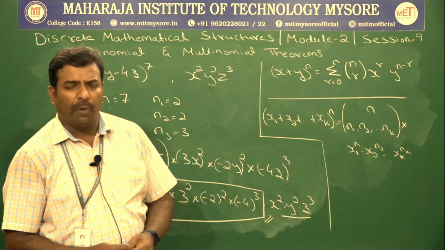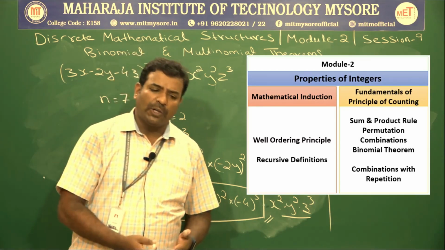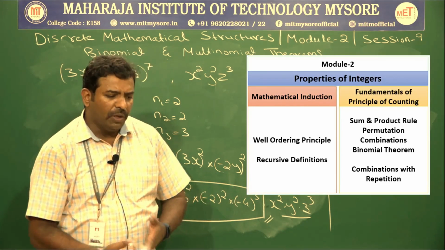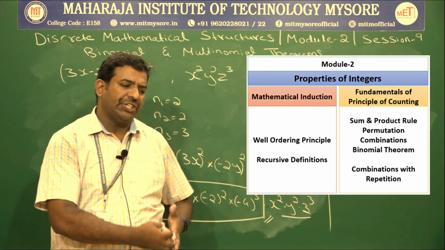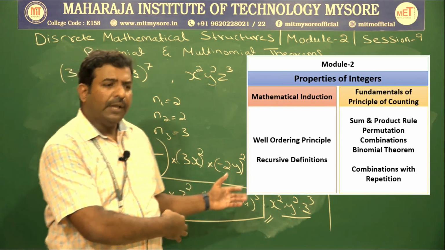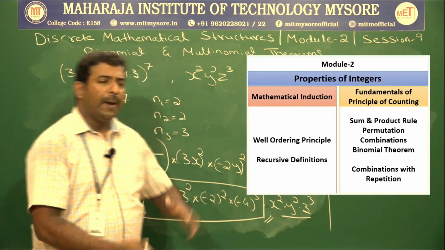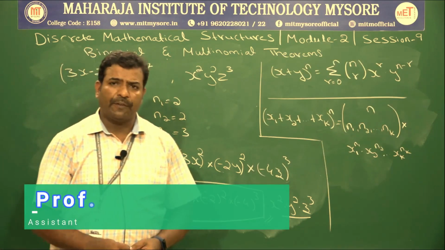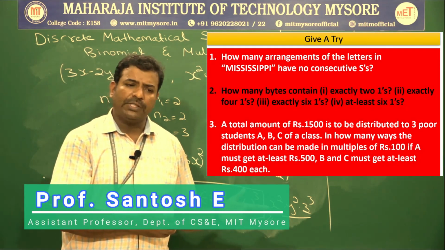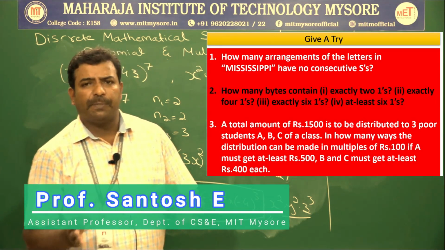So this was all about module 2, where we started with mathematical induction, then we talked about recursive definition, then the product rule and the sum rule, through which we derived permutation and combination with repetition, and we ended with making use of combination to find the coefficient in the binomial and multinomial theorem. Fine. Thank you for this session, and please give a try to the following problems and understand more about the complete principle of counting.